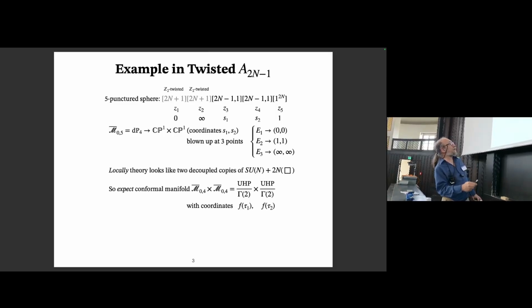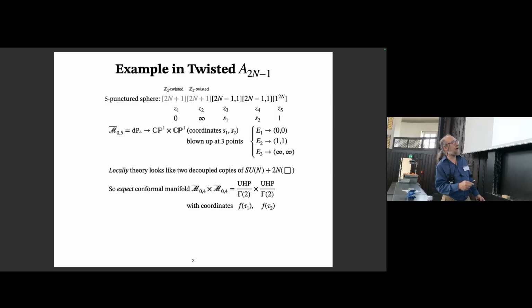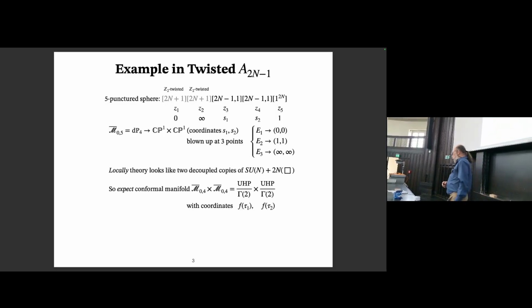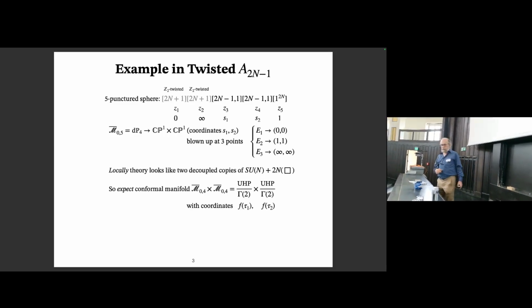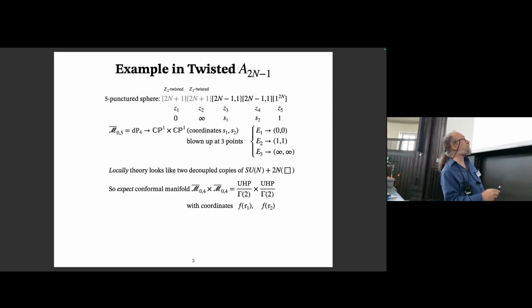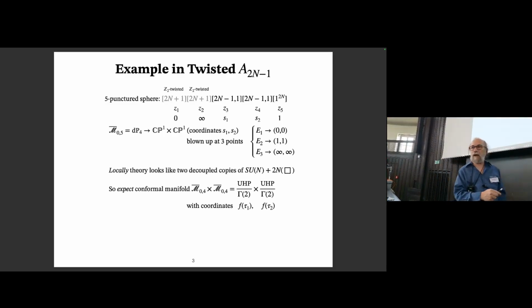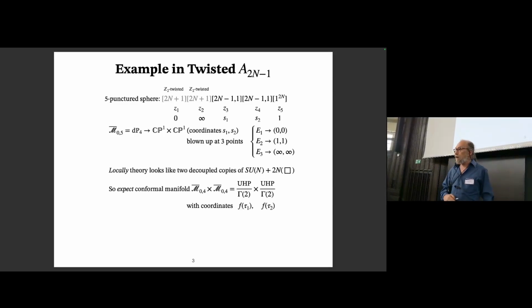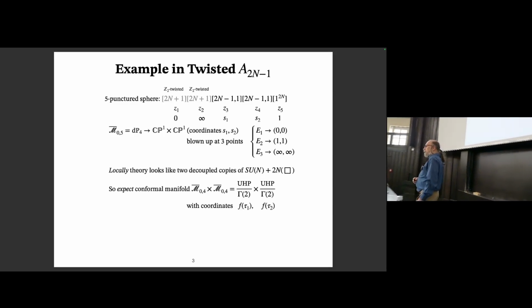And this theory locally looks like 2 decoupled copies of a familiar theory with a familiar, untwisted class S realization, namely SU(N) with 2N hypermultiplets in the fundamental representation.